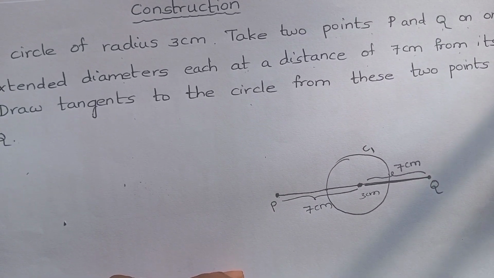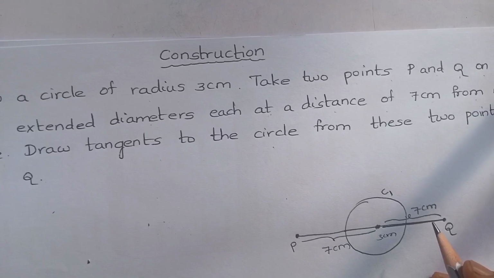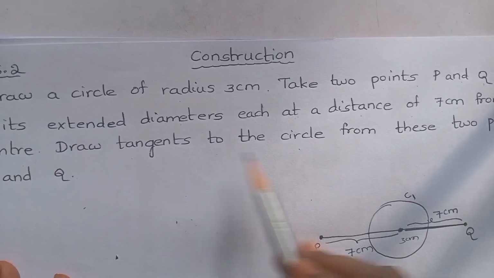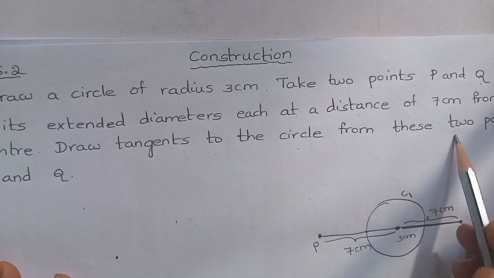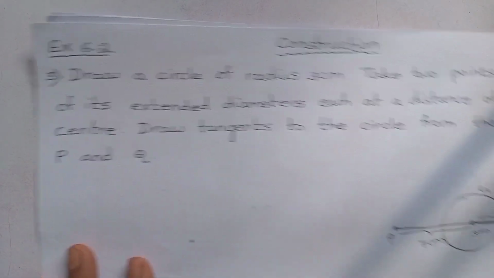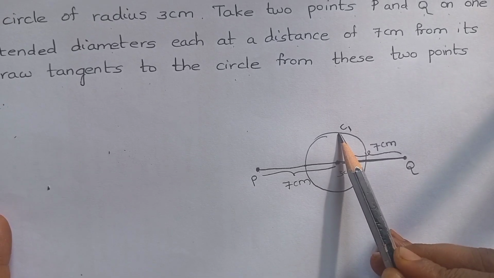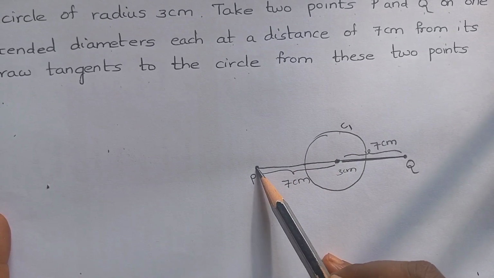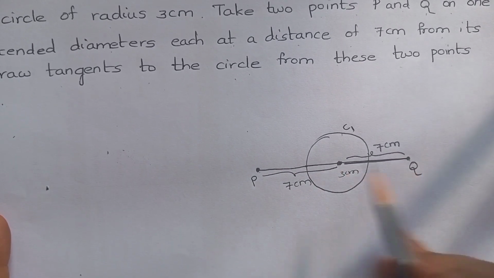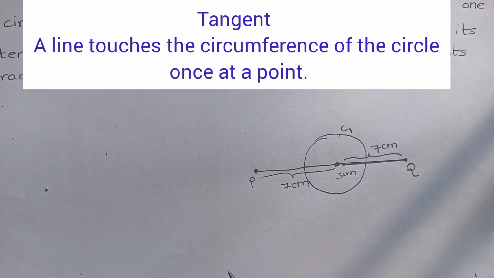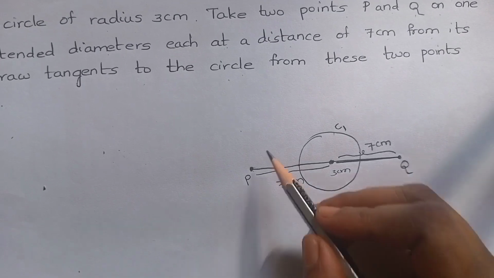Okay. Now, what is the next step? See here. Draw tangents to the circle from these 2 points P and Q. We have to draw a tangent to this circle C1 from the point P and from the point Q. We know that tangent means a line touches the circumference of the circle once at a point, right?